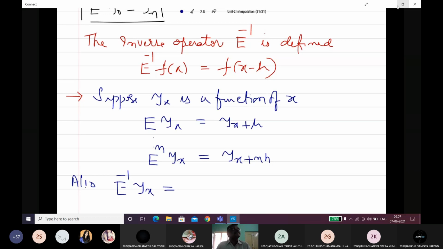E inverse of yx means one value decreases, that is yx minus h. Here n is any real number.